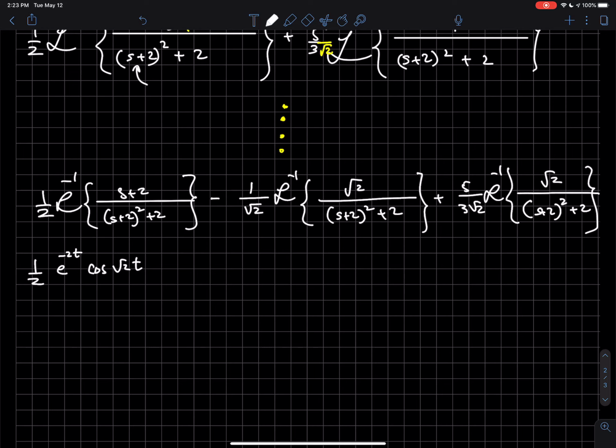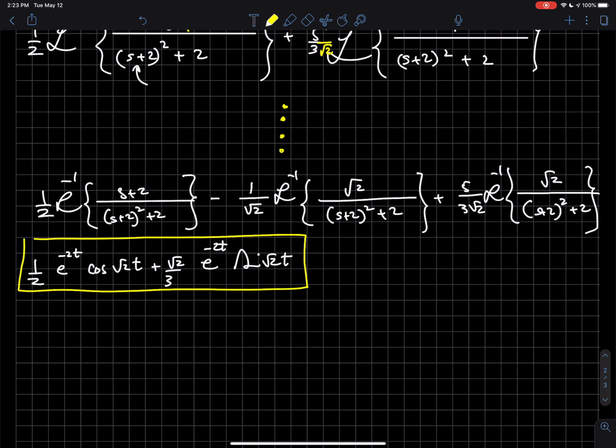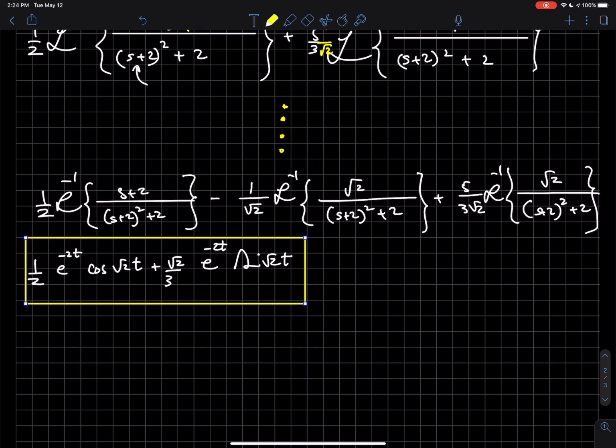If you combine the other two together, because it's the same Laplace inverse, minus 1 over root 2 plus 5 over 3 root 2, you just get plus root 2 over 3. The inverse of that is simply sine of root 2t, and you have to introduce the exponential that incorporates the shift in the frequency domain here. So that becomes your inverse Laplace transform.